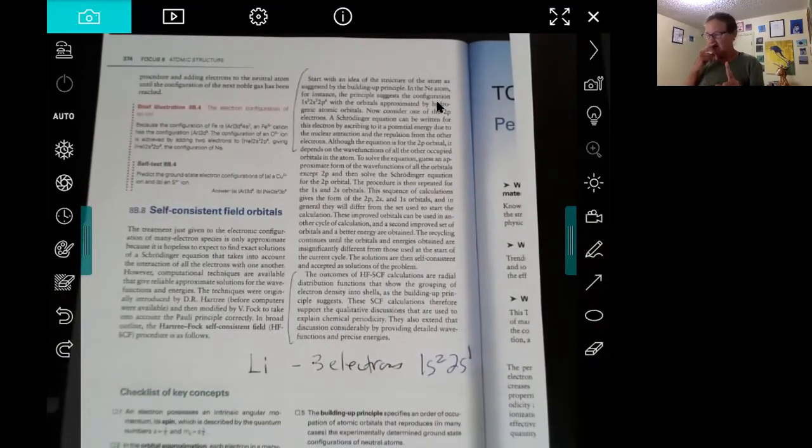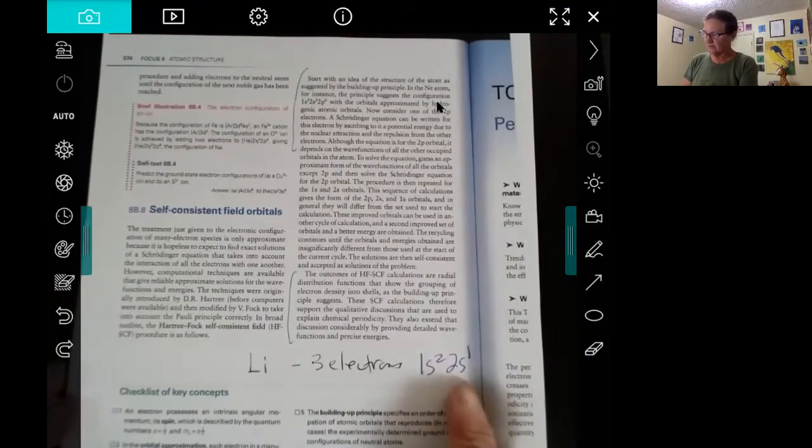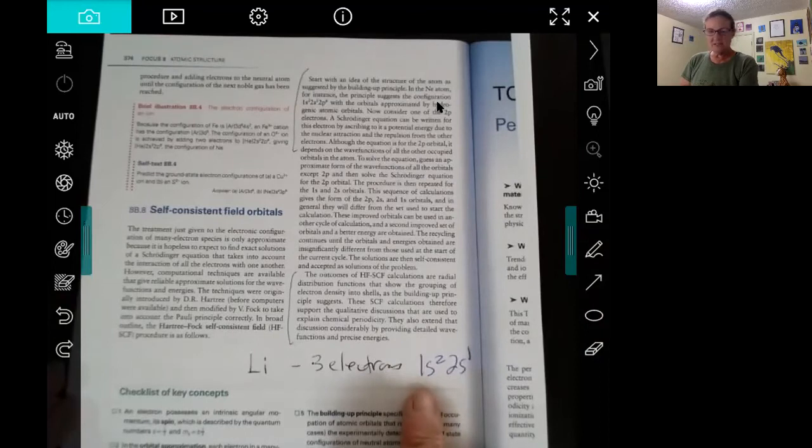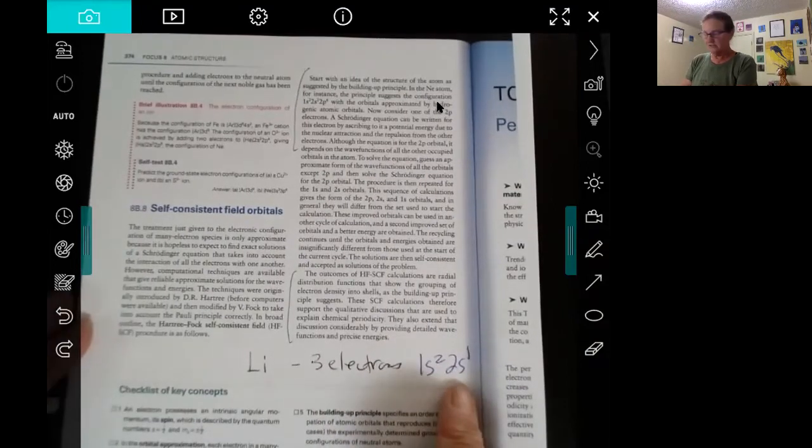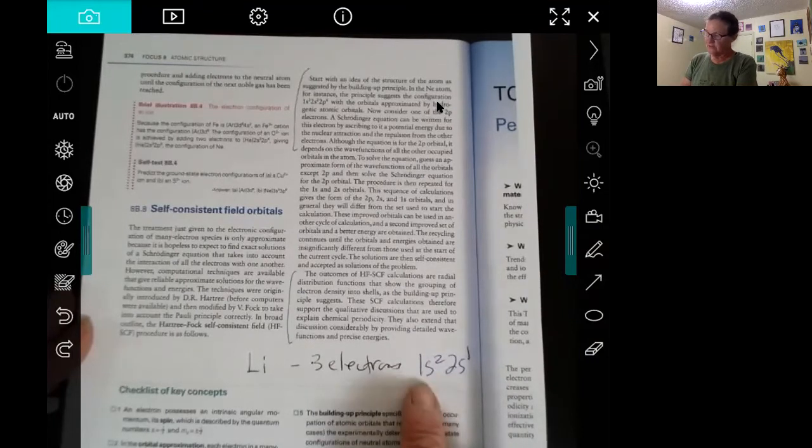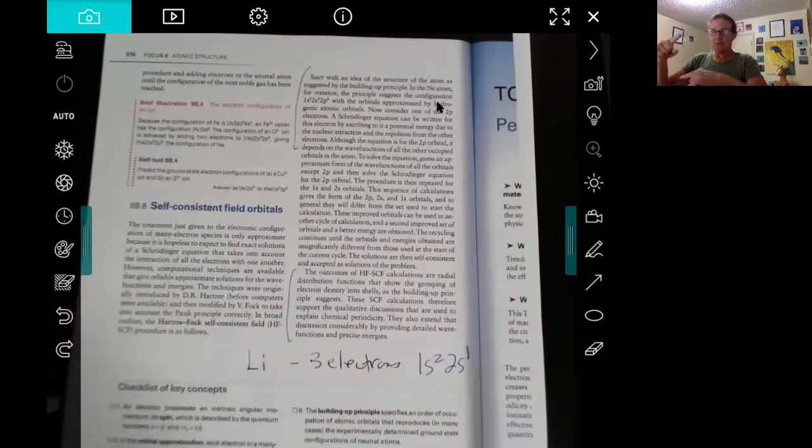So use those functions for those orbitals. And then one at a time, take an electron, for example, the 2s1 electron, take the average potential energy that it would see if 2 electrons were in the s orbital, and resolve for its energy. Then hold that guy's function constant as you do the same thing by isolating another electron, looking at it in the field of the other 2 electrons.